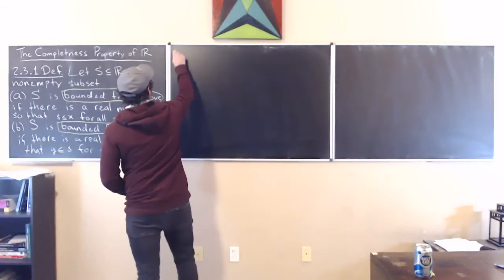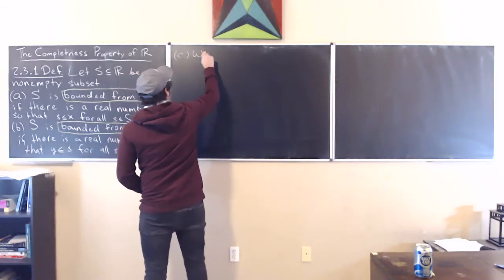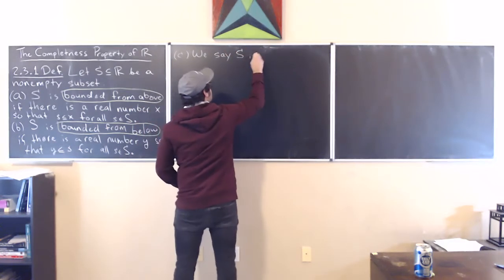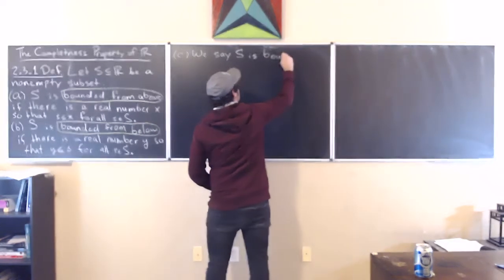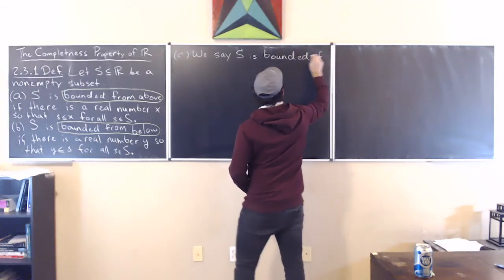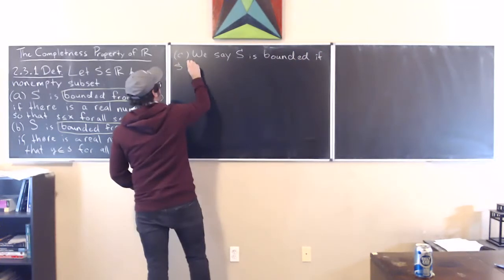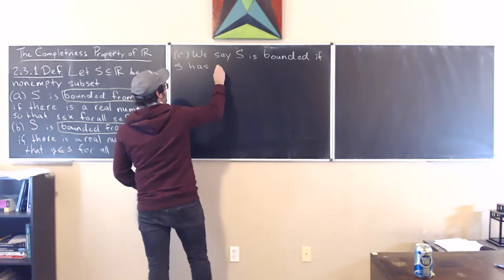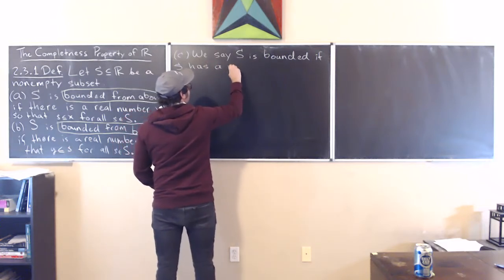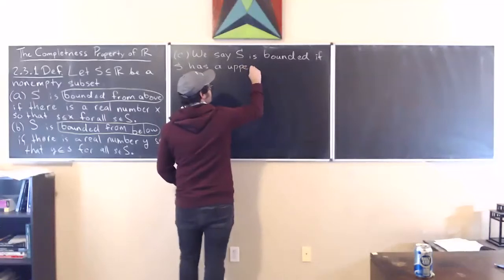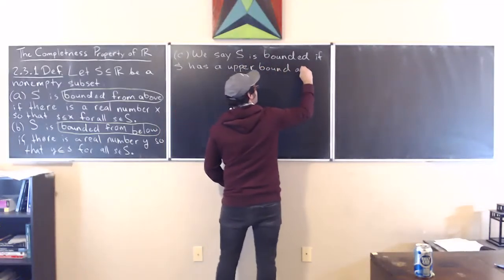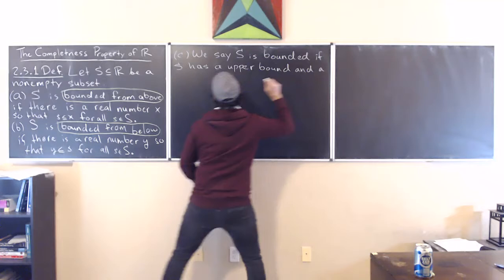So I'll just go ahead and write that. So we say S is bounded if S has an upper bound and a lower bound.